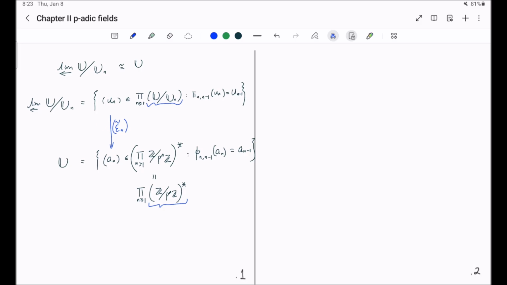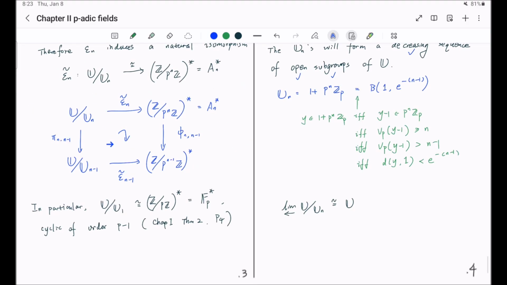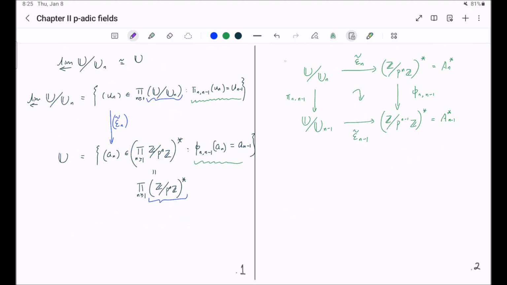And this epsilon sub n also preserves the compatibility here. Why does epsilon sub n tilde preserve the compatibility? This is because of our commutative diagram here. If u_n is sent by pi sub n,n-1 to u_{n-1}, then the image of u_n, which is a_n, must be sent correspondingly to the image of u_{n-1} under the map epsilon sub n-1 tilde.